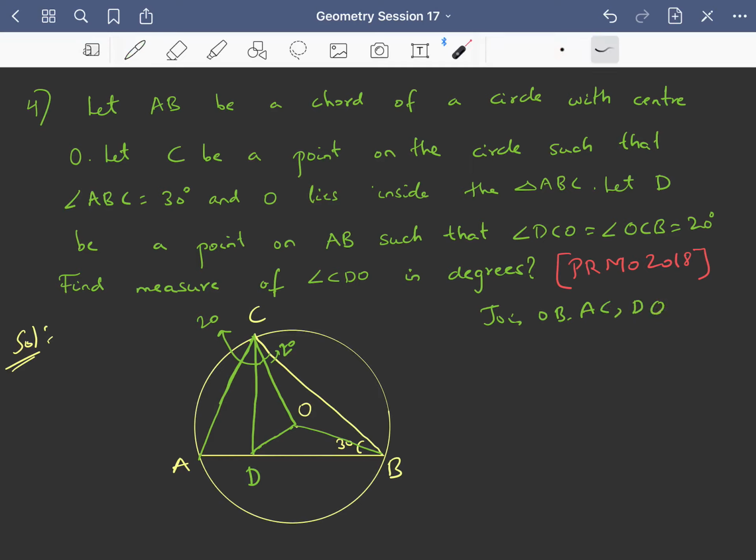Now since this triangle is isosceles, if this is 20, then this is also 20. So angle OBC is equal to angle OCB is equal to 20 degrees. So then this is 20 and this is 10. So this angle is 10. Just a second, let me make it clear.